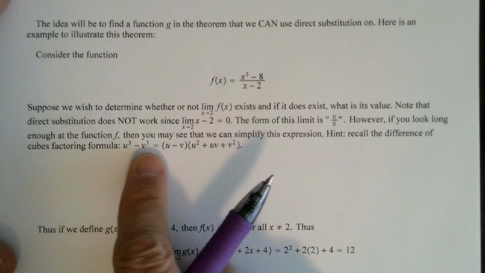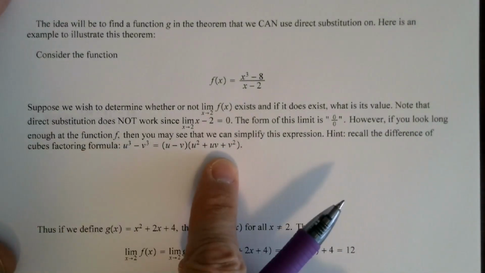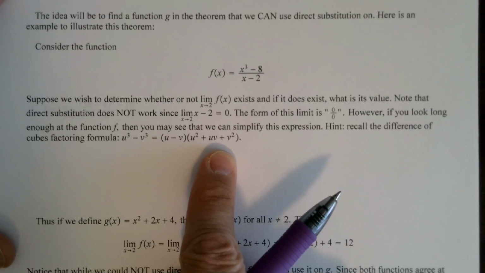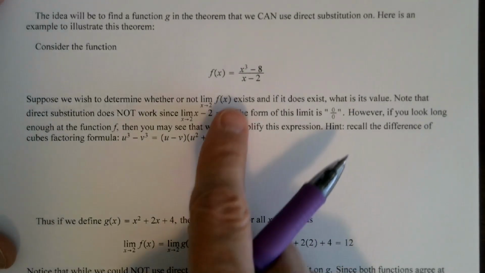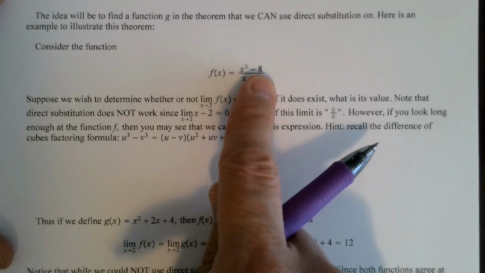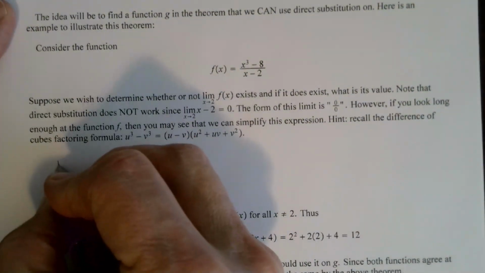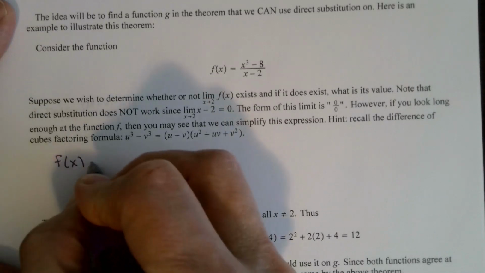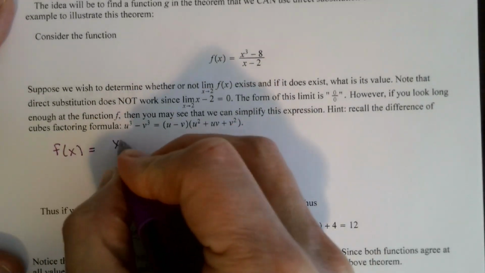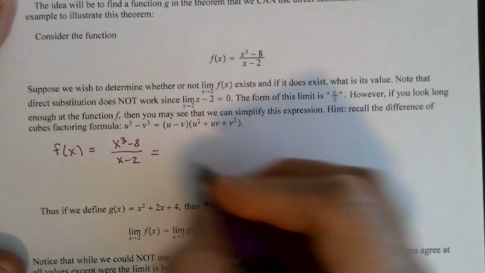I think we've talked about that if you've seen the video on factoring, and I've rewritten it here for your convenience. Okay, so notice up top the numerator is the difference of cubes. That's x cubed minus what? 2 cubed. So if I take a look at my function f of x, I can factor the numerator.